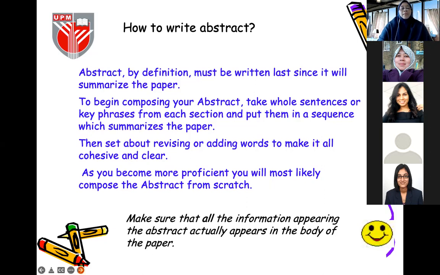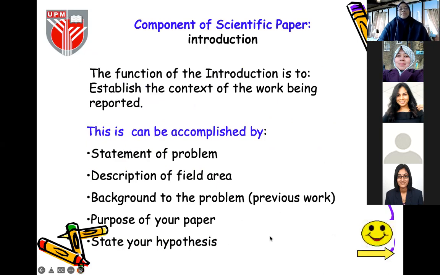Okay, this one is skills of writing. Introduction. We have also talked about this. What should be in the introduction? If it is a small part of your thesis that you want to write for the journal, then you should miniaturize the thesis.